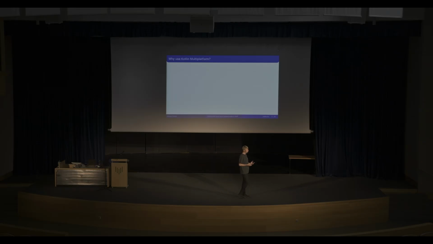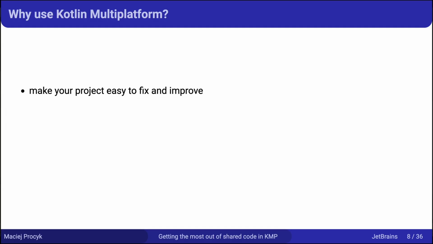But the first question that we usually, as developers, have to ask when starting some project is what technology we want to use. So in this case, we ask, why do we even use Kotlin Multiplatform for such a scenario? The answer was in the title of the presentation.